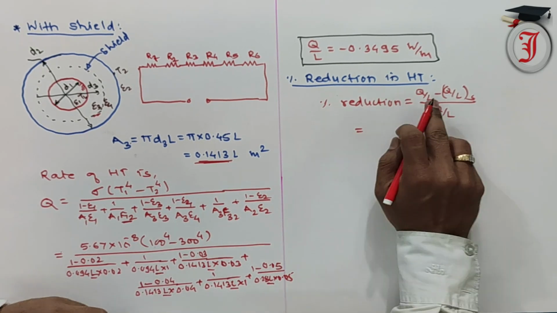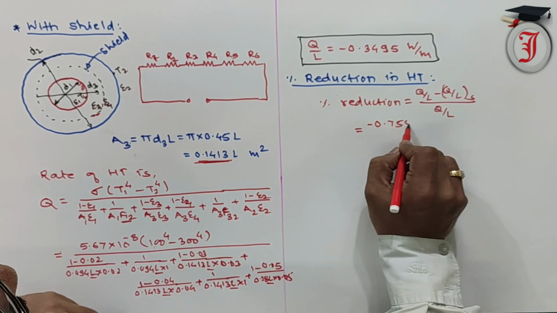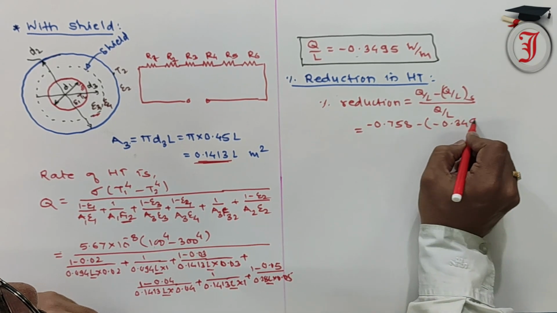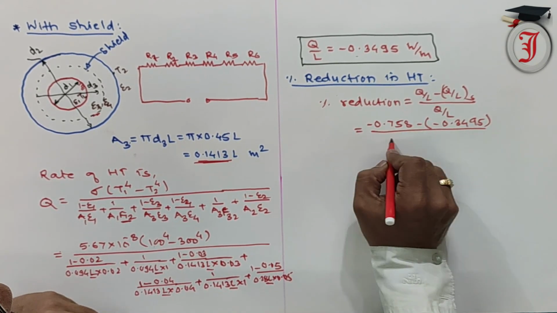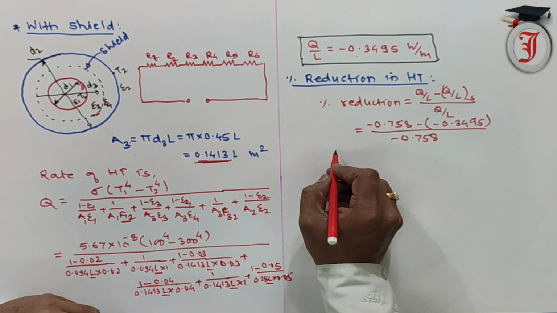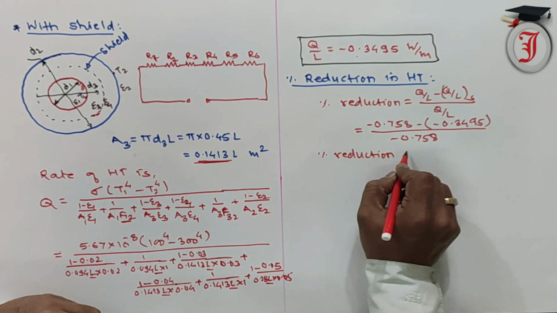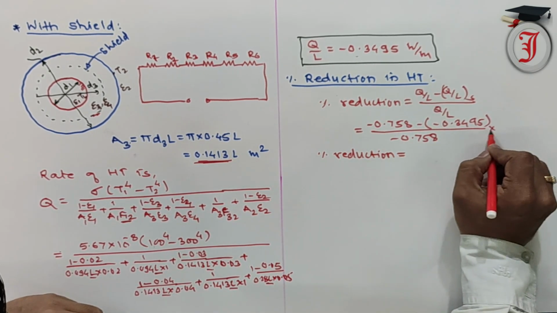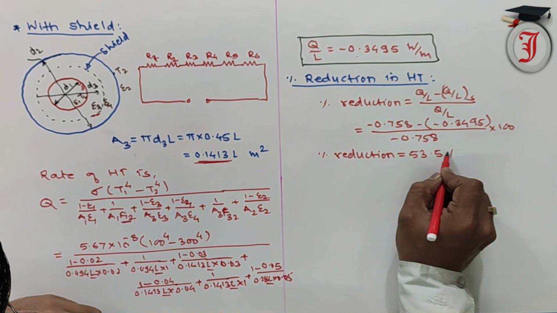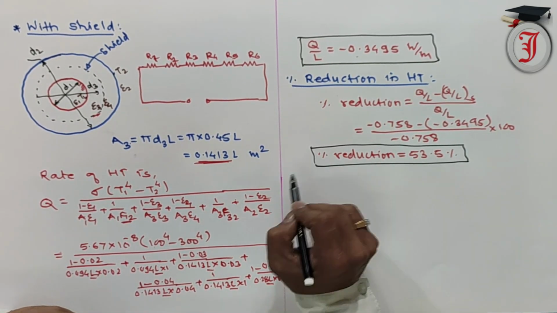That is equal to (minus 0.758 minus (minus 0.3495)) divided by minus 0.758, into 100. After calculating this, the percentage reduction is 53.5%.